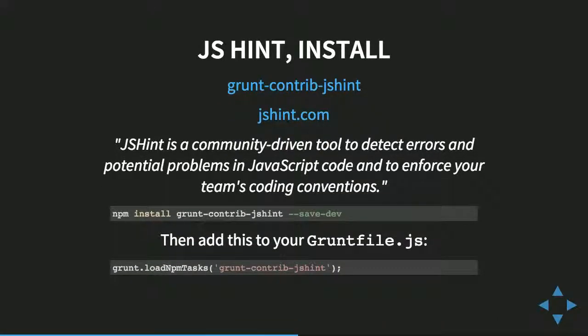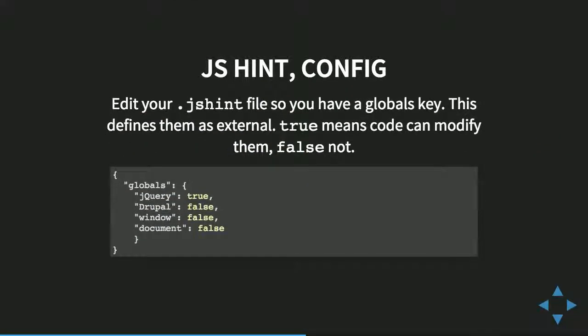This is how you install JSHint through Grunt. Then you have to load your task for JSHint in your Gruntfile. You define some stuff in your JSHint file, and what JSHint is going to do is not allow you to use globals that aren't defined.